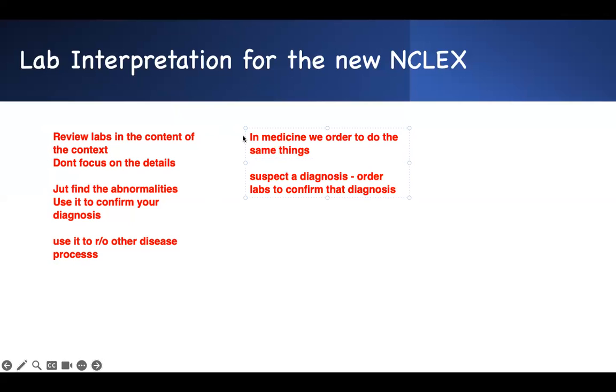That's why we have what we call differential diagnosis. I know these three things may be a problem, so I'm going to order certain labs to rule in and rule out. That's all. Rule in or rule out is what the lab work they've given you is for. Don't worry about the numbers they give you.